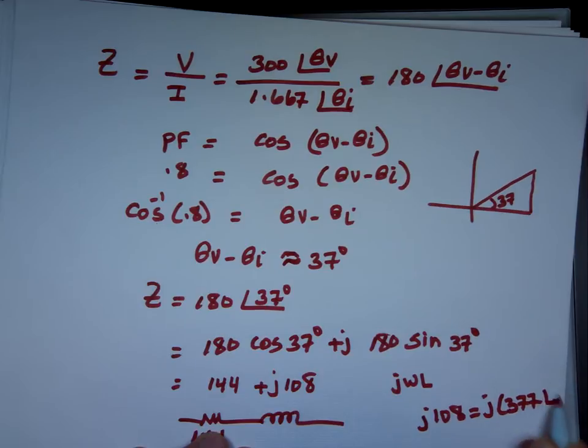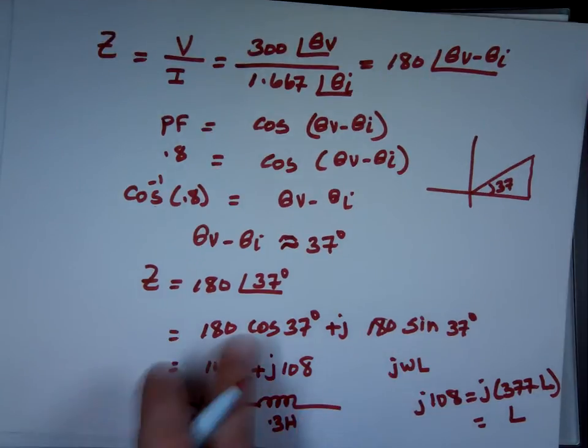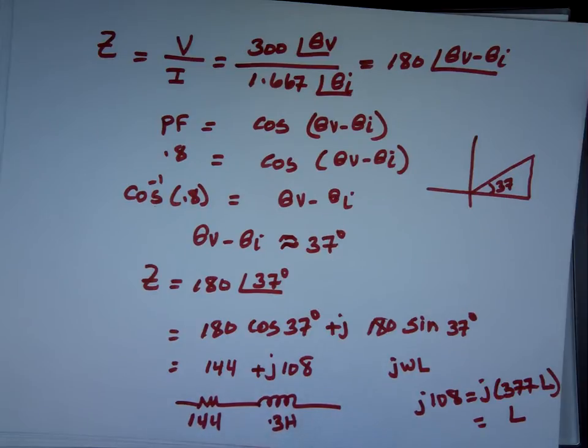The j cancels. L is 108 divided by 377, which is 0.287, about 0.3 henry, approximately. So once I know what Z is, I can tell if it's a capacitor or inductor if I know the frequency. So that's what each one of them is.